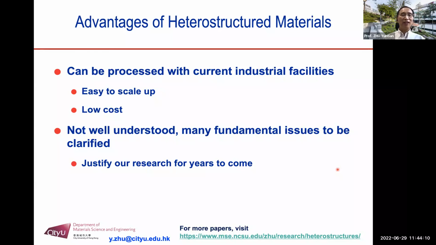Okay. Then there is so much science which is not understood, many fundamental issues to be studied and clarified. They will justify our research for the next 10 to 20 years. So welcome everyone to join this new field.